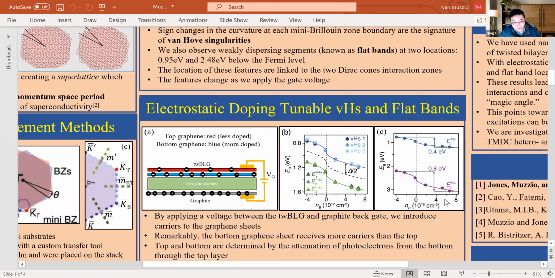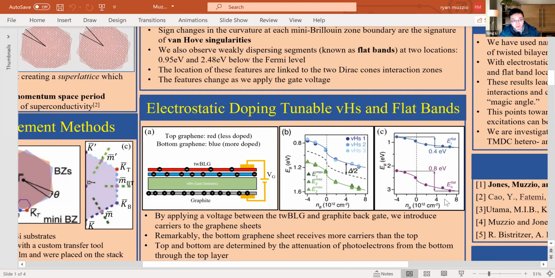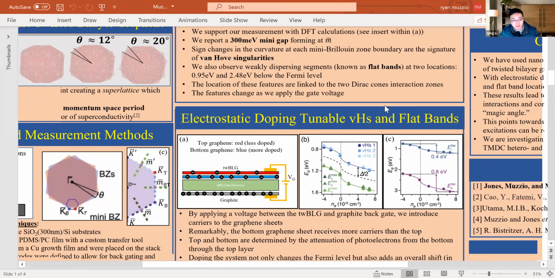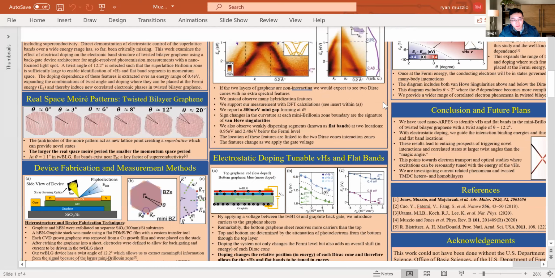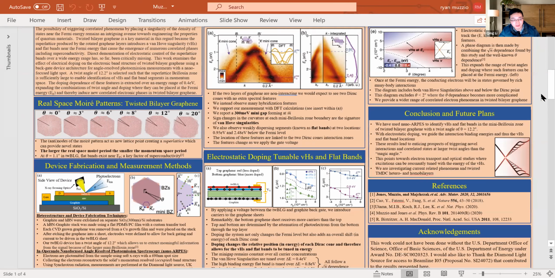Thank you. I have a very quick question. How in the experiment do you control the angle? Like how do you know the angle of one graphene relative to the other? So there's two ways that we try to do it. The first way is by making your heterostructure in such a way, and there's plenty of ways you could try to do that, but I won't go into that.